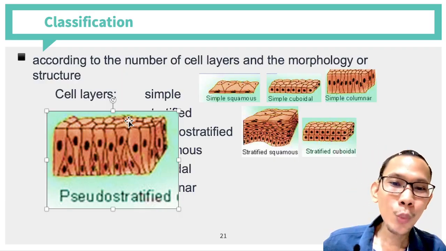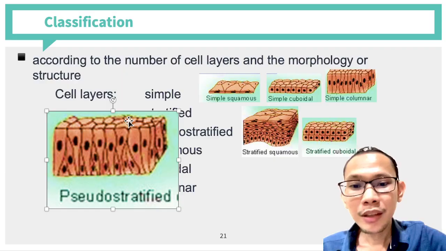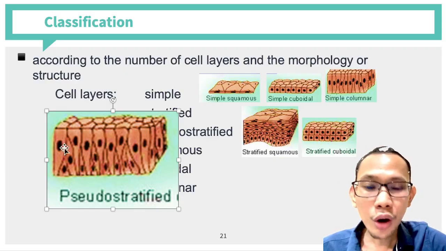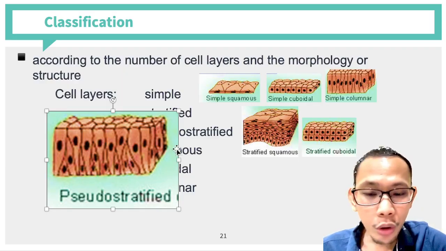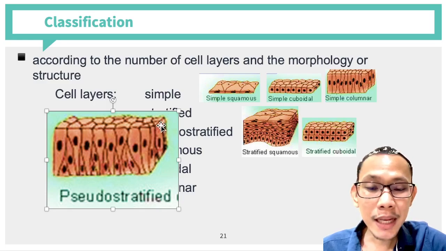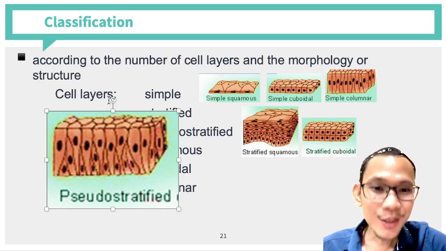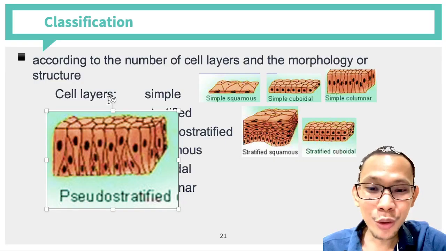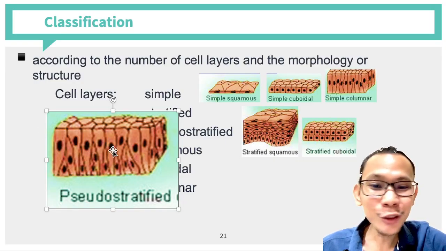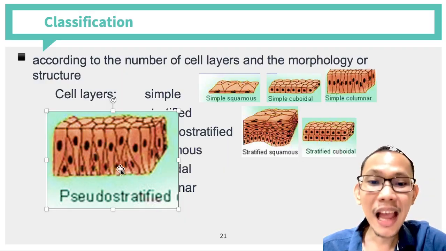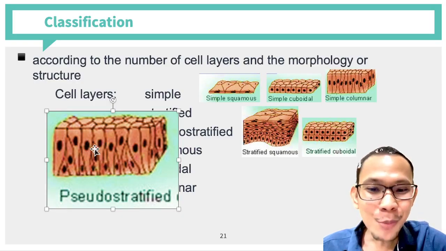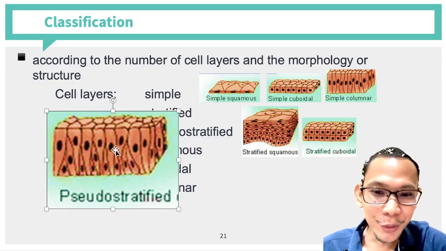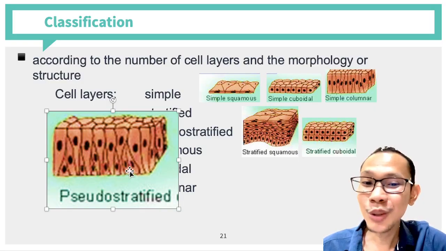So therefore, we define pseudo-stratified. It is only 1 layer because all epithelial cells are attached to the basement membrane, but not all epithelial cells are being attached to your apical surface. That makes it pseudo-stratified because it looks like there are many cells, because your nuclei are not actually aligned.